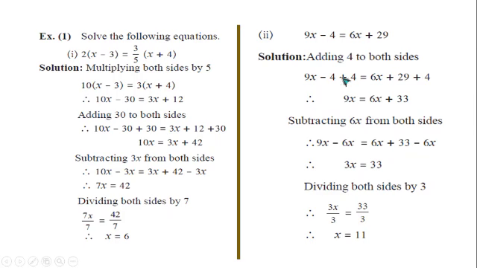On further solving, minus 4 and plus 4 get cancelled. So I have 9x is equal to 6x plus 29 plus 4 becomes 33. In this way, I have 9x equal to 6x plus 33.